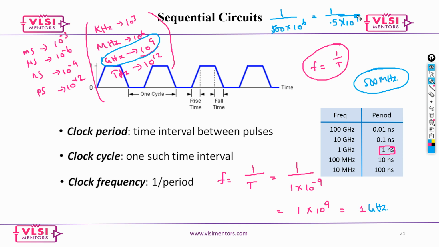They both are the same. Now I just go one step back. 1 divided by 0.5 is basically 2. This 10 to the power 9 becomes minus 9. Now it is going to be 2 ns.